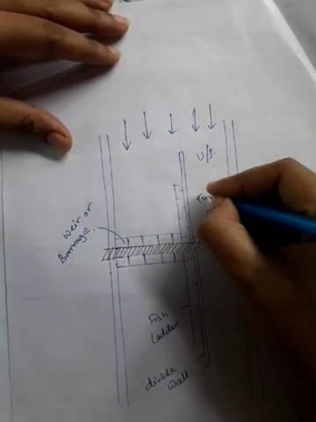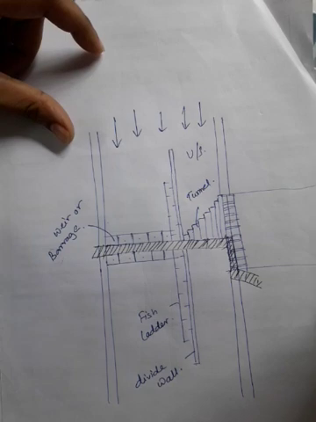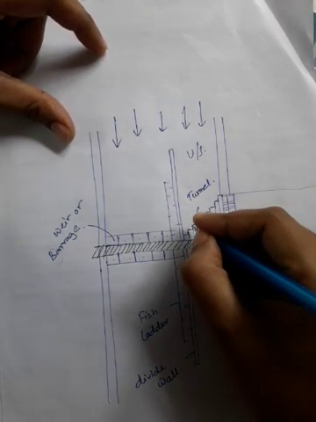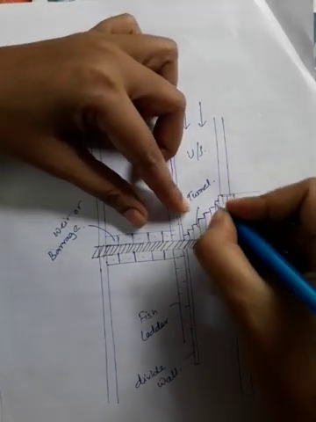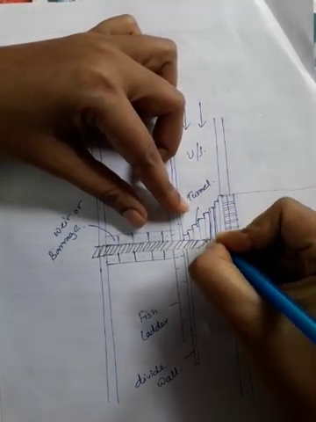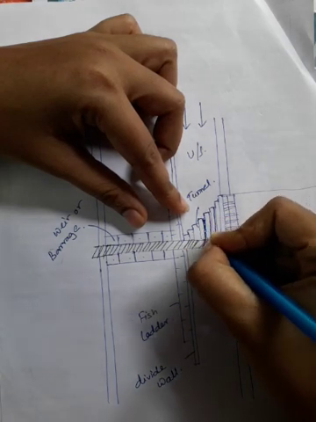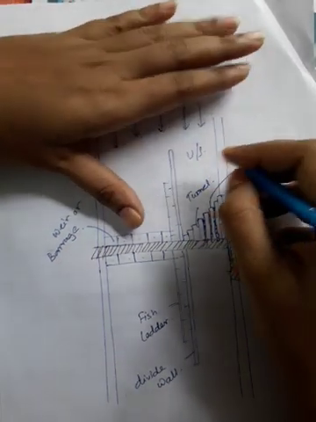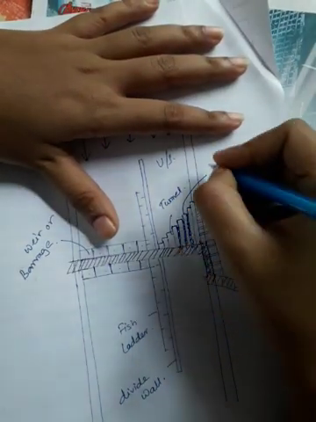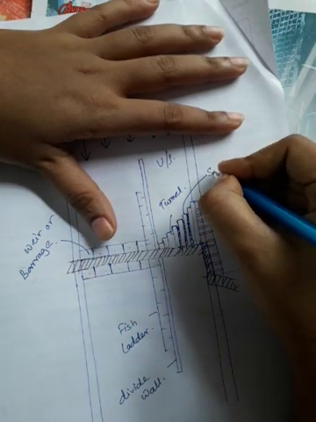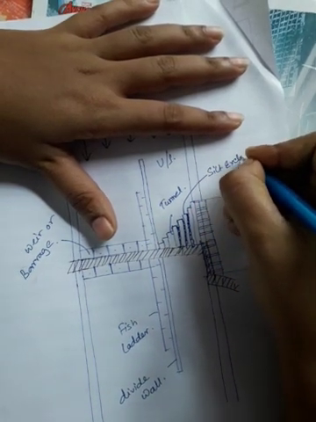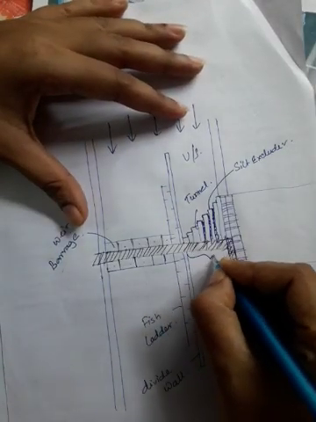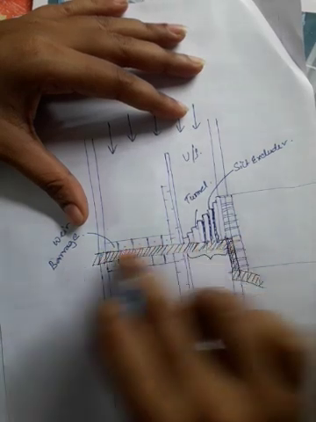This is the tunnel, where you are just seeing a plan view. Well, individually, I am darkening this portion. The work of this darkened portion is called the silt excluder, and the under sluice is behind this construction.